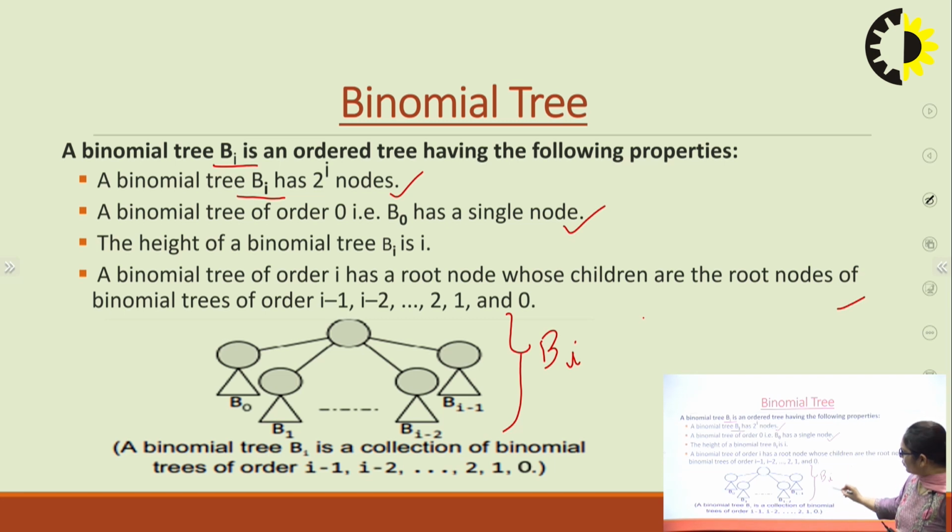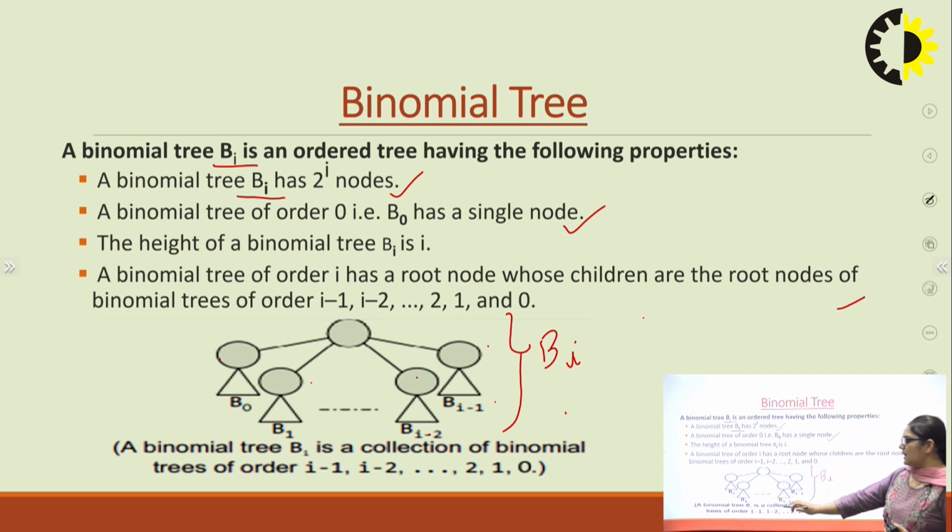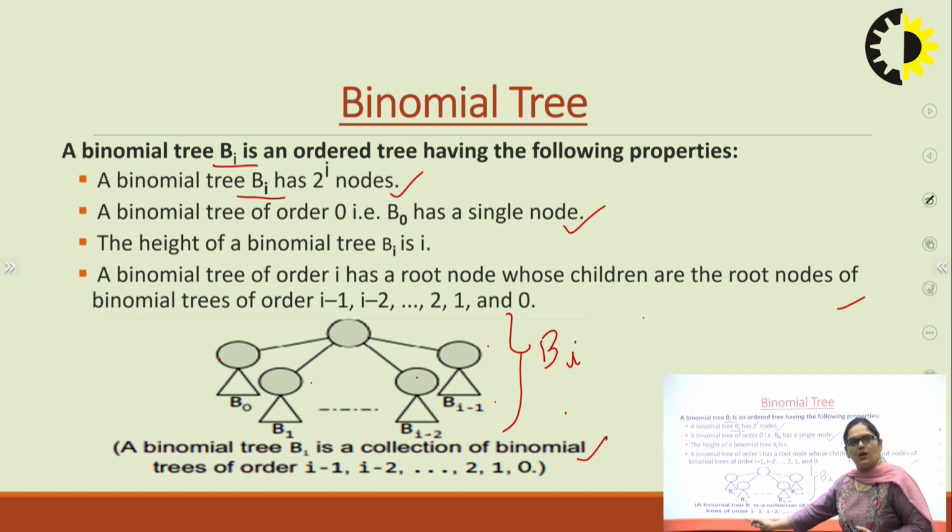So the root node of binomial tree Bi will contain child nodes or binomial trees of lower orders, that is Bi minus 1, Bi minus 2, Bi minus 3 up to B1 and B0. It means a binomial tree Bi is a collection of binomial trees of lower order, that is i minus 1, i minus 2 up to 0.